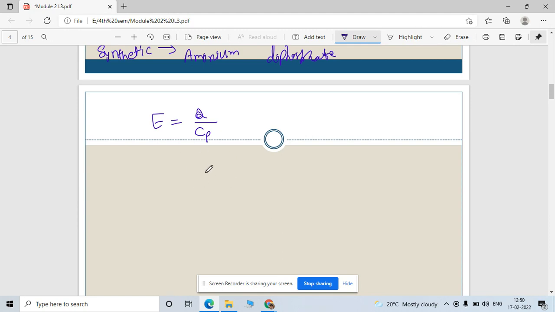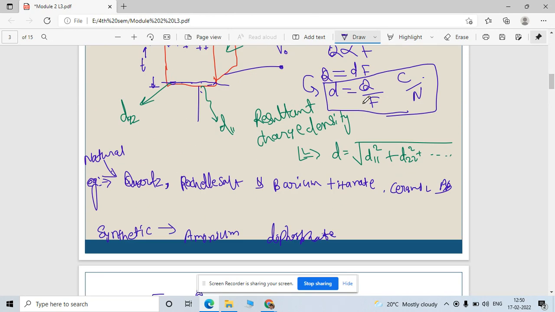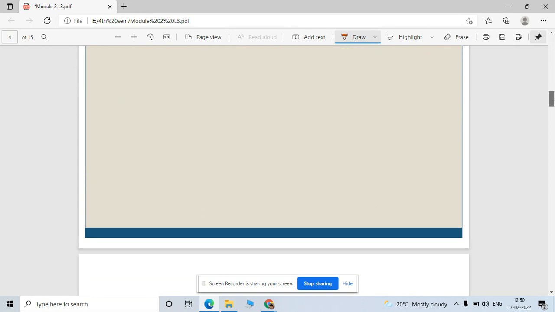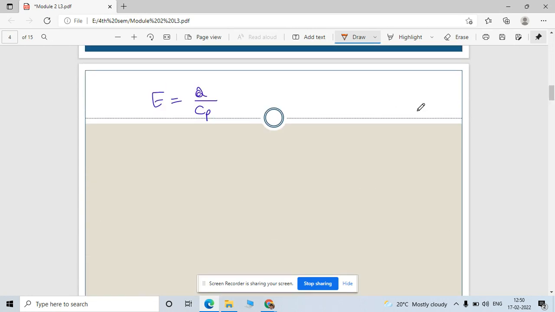Now from the second equation, put the value of Q equals dF. And what is the value of C? What is the general formula for capacitance? C equals epsilon naught A by D, right?